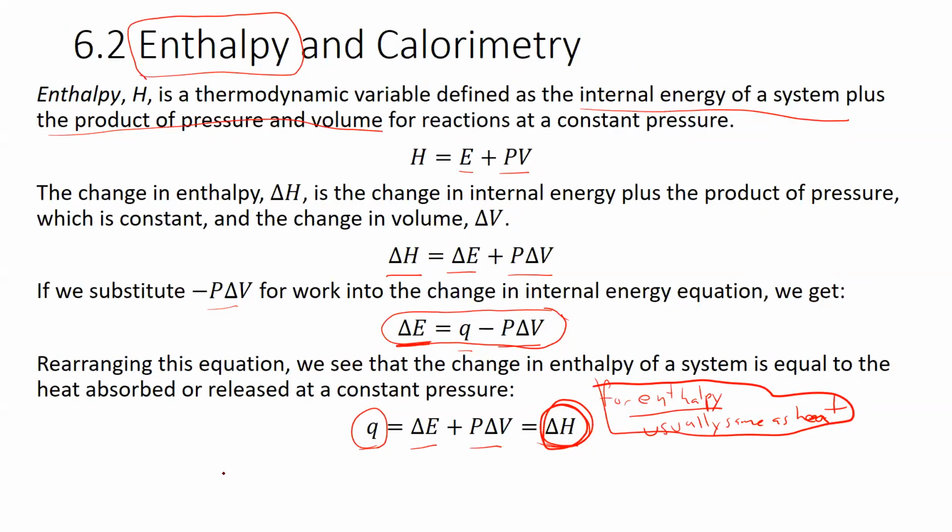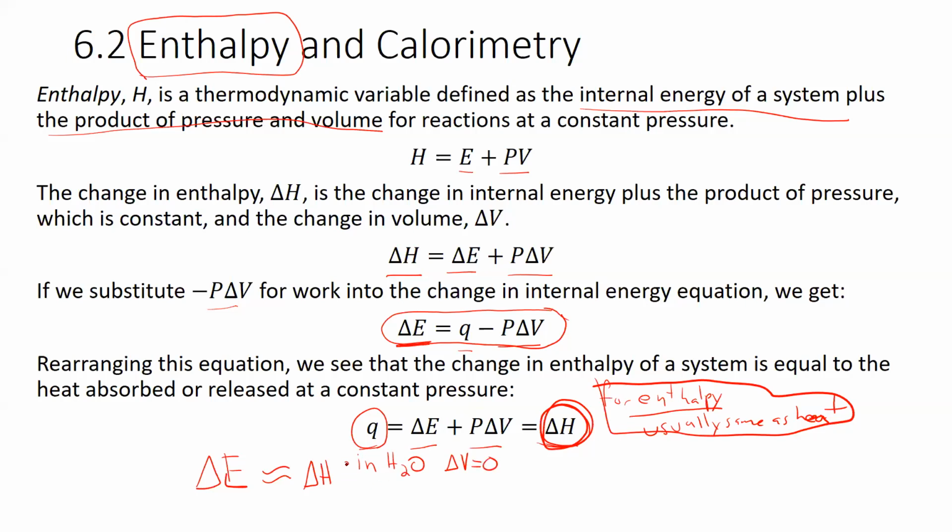Oftentimes, another thing we'll think about is that the change in energy of a system is going to be very close to the heat or the change in enthalpy. The reason we can do that in many cases is, if we think about chemical reactions in aqueous solutions, the delta V for an aqueous solution where a reaction occurs is going to be equal to 0.